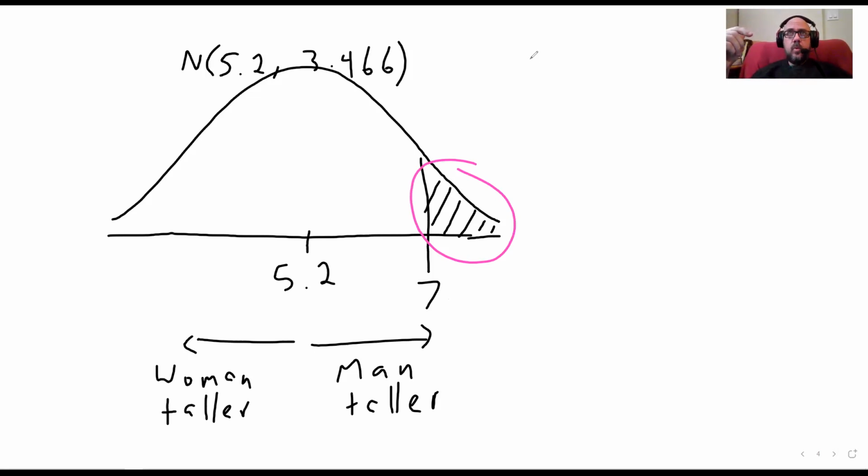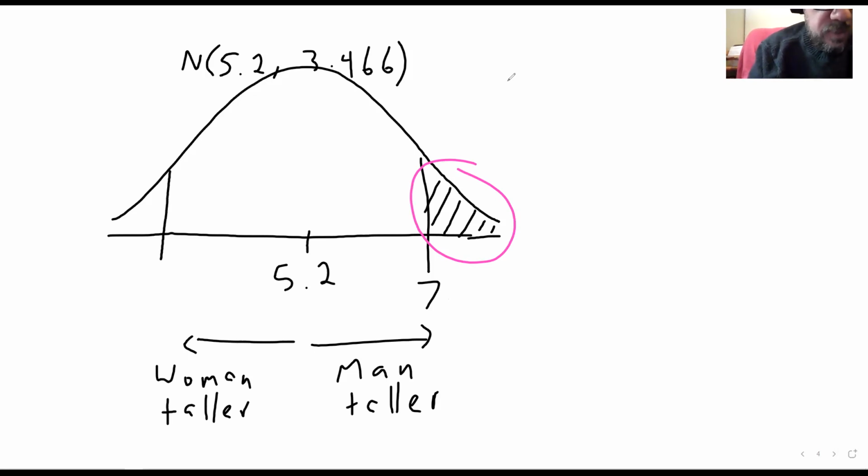Okay, so the place where the woman is taller than the man is when the difference becomes negative, which is at 0, right? So this is 0 here, probably farther to the left, but whatever.